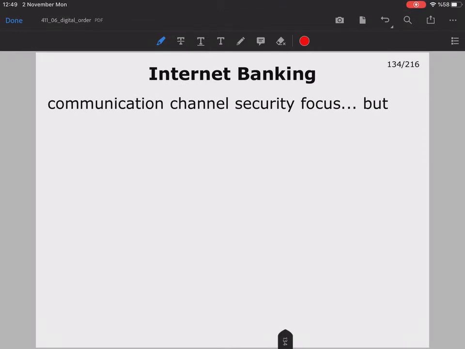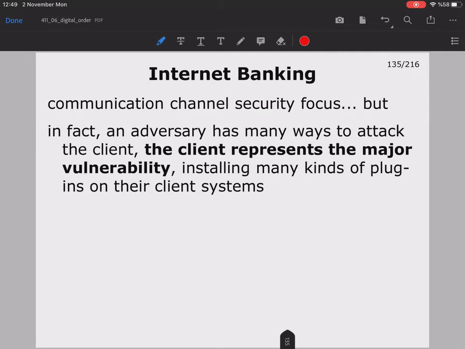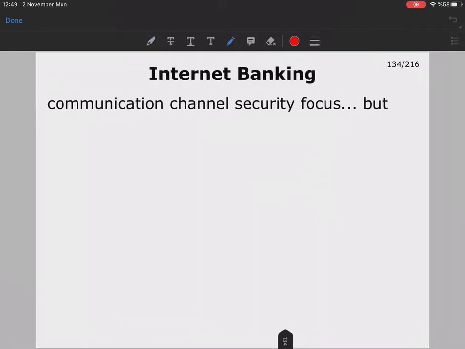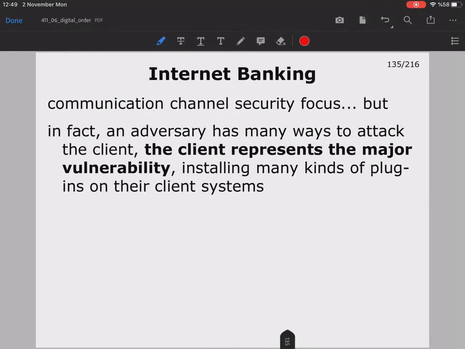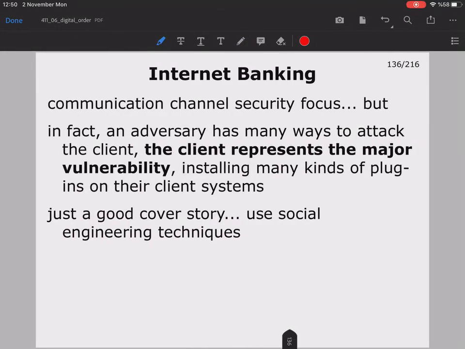But this is the communication channel security focus, and in fact, an adversary has many ways to attack the client. Here, we should keep in mind that it's not the protocols, but the client that is the weakest link. The client represents the major vulnerability here, installing many kinds of plugins on their client systems, of course, they're just end users.